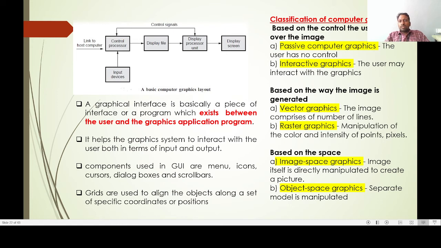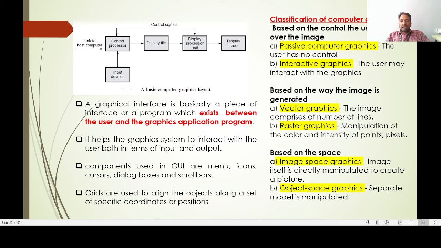Next is the classification based on image generation. It is classified into two types: vector graphics and raster graphics. In vector graphics, the image contains a number of lines. In raster graphics, there is manipulation of the color and intensity of points and pixels.